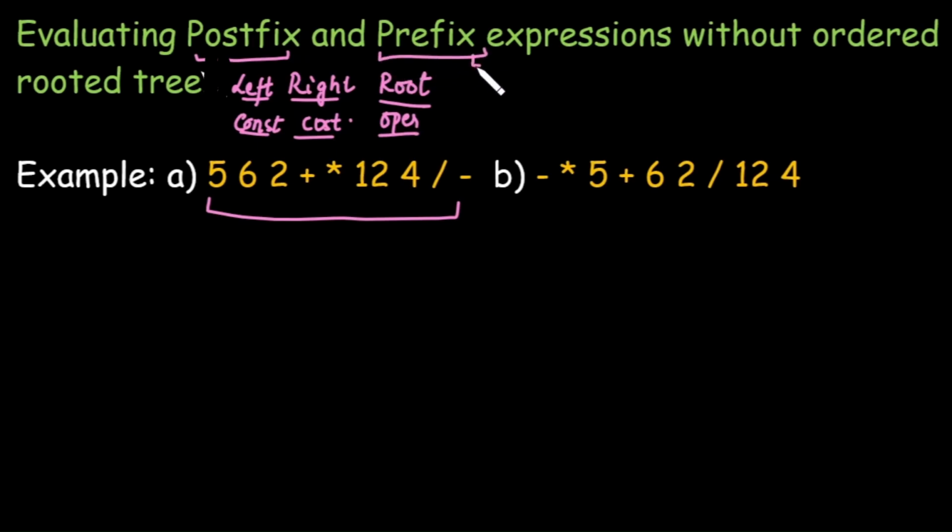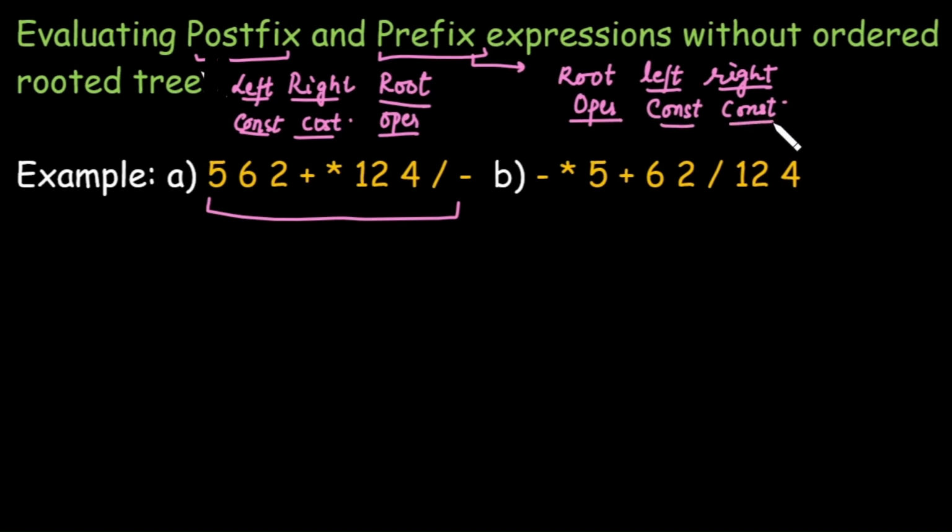Whereas if it is a prefix, it means we are traveling the tree in pre-order, meaning first root, then left, then right. And root is always an operator, whereas left and right are always constants in this case. So if we have operator, constant form, then we will evaluate that.